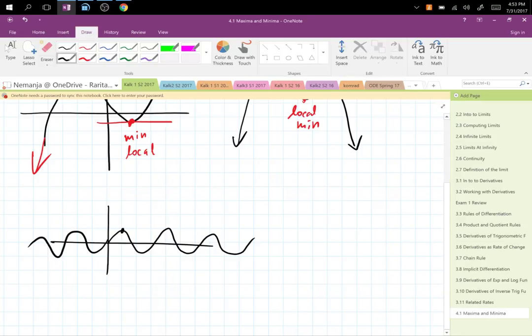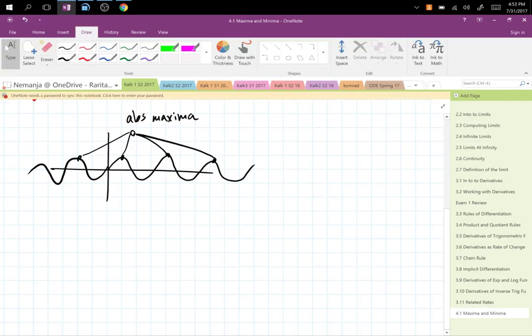You can label them like this, all in one: ABS max. Maxima, multiples, right? Multiple ones. And you have the same thing below. So this function is sine x.